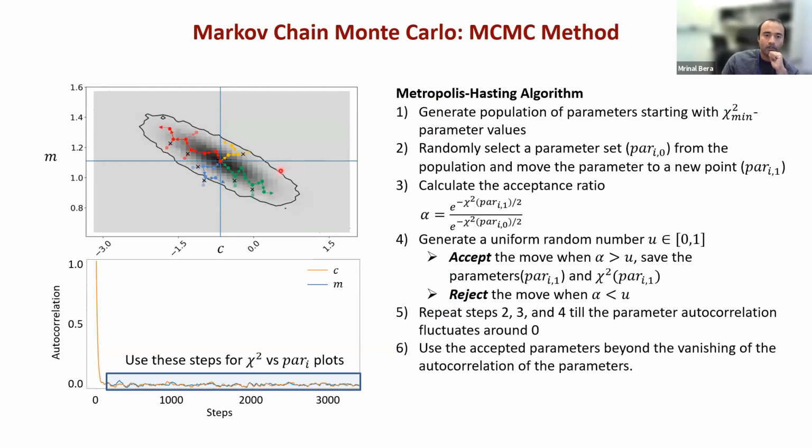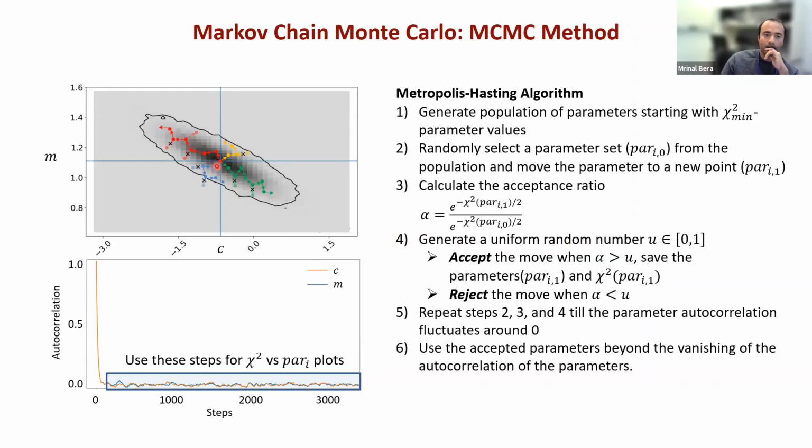When we move, we compare the chi-square at the existing point and at the new point, and from that we calculate an acceptance ratio. This acceptance ratio is compared with a random number between 0 and 1. We accept the move if the acceptance ratio is more than that number, and reject it if it is less.